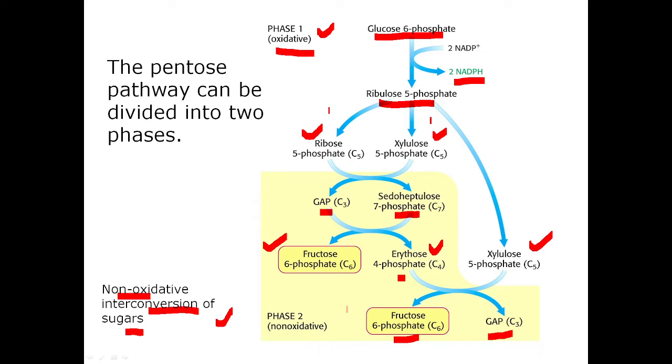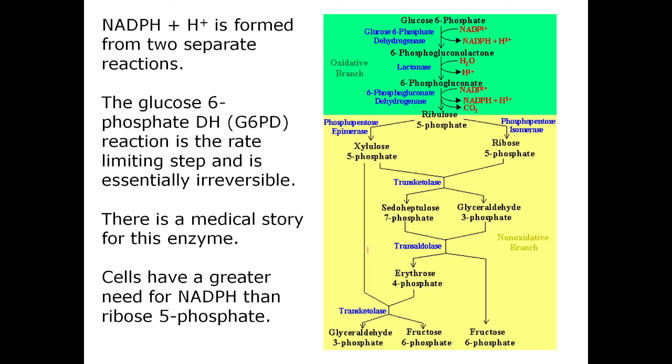These molecules are also present in glycolysis, so they are common molecules. Ultimately we get fructose 6-phosphate here. This is the pentose phosphate pathway.